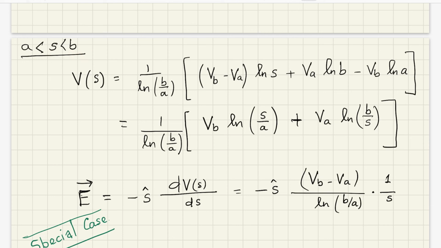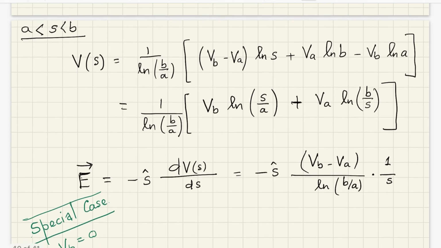So this is fully determined between A, S, and B. I could simply take the derivative, minus dV by dS. Remember, this is also a one-dimensional problem because it has cylindrical symmetry. And I get my electric field in between A and B.